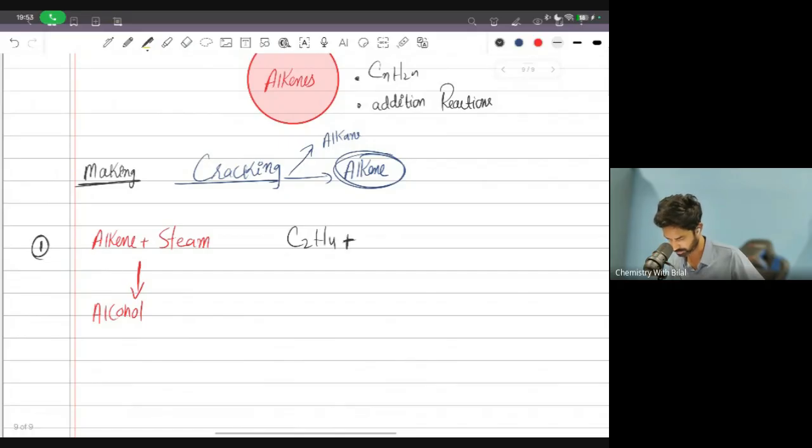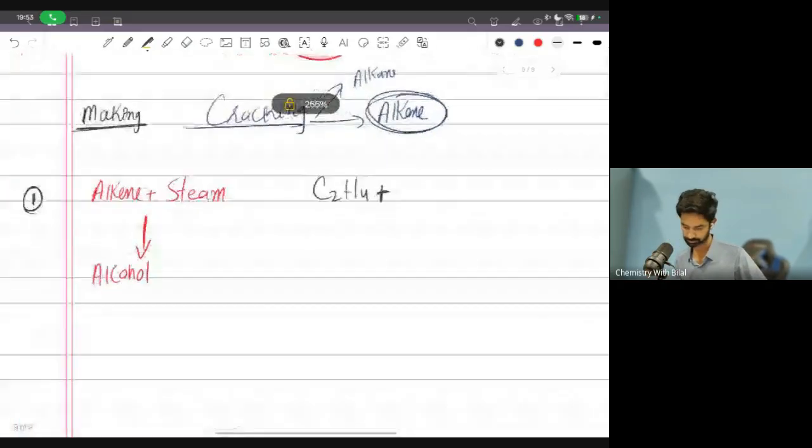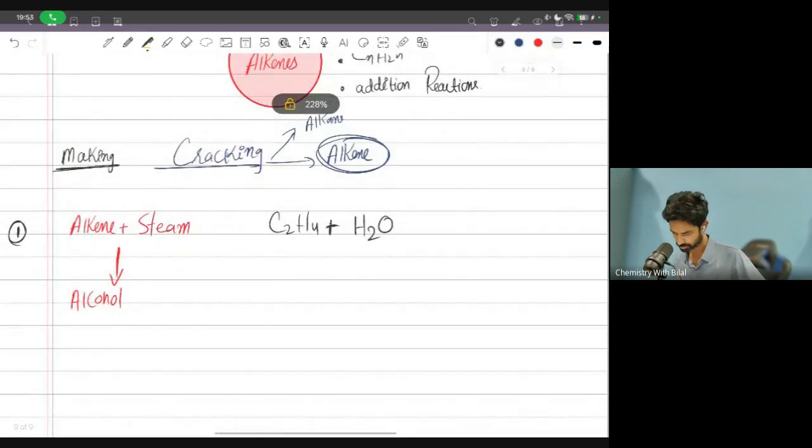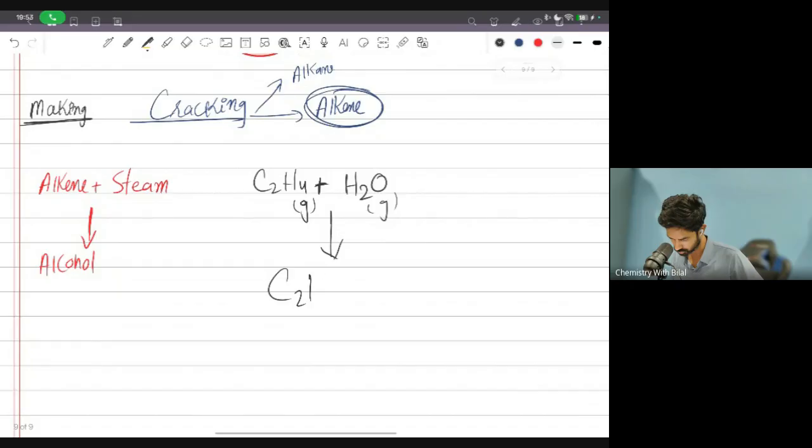What is the formula of steam? Steam का क्या formula होता है? Steam H2O ही होता है. Steam H2O gas. So ये let's say ethene है, ये steam है. You react them. So this will be added, C2H5 and OH. This is ethene and this is ethanol.